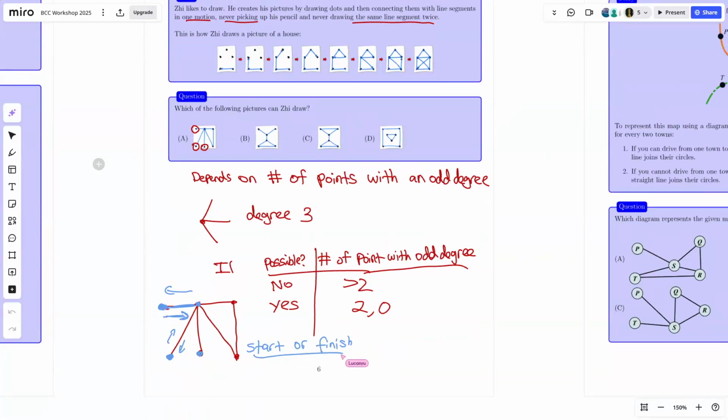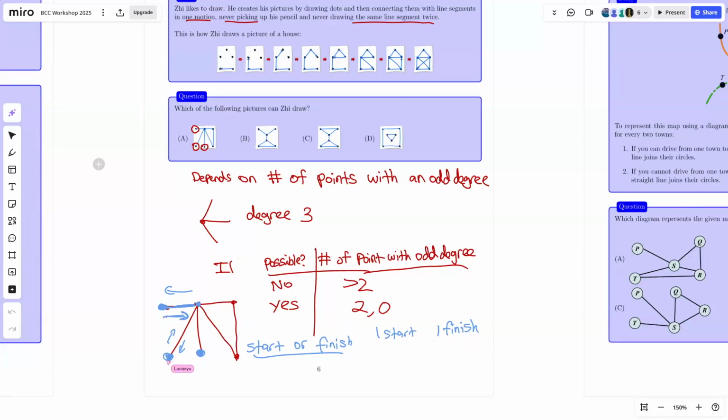However, there's 3 points that are the start or finish, but there can only be 2 points that can be a start or finish. There's either one start and one finish, but we have 3 points. Therefore, this doesn't work because we can't have 2 points being the start, right? That's impossible. We can't have like this point and this point being the start.